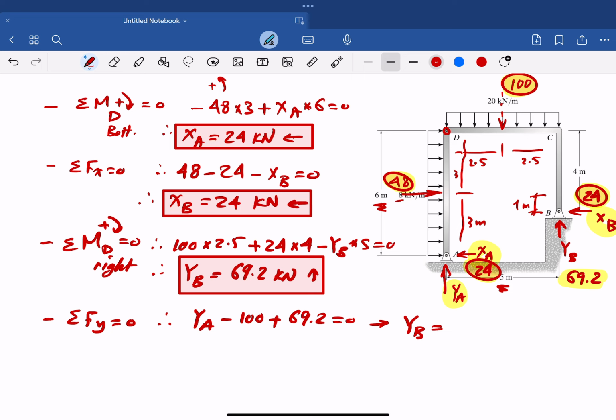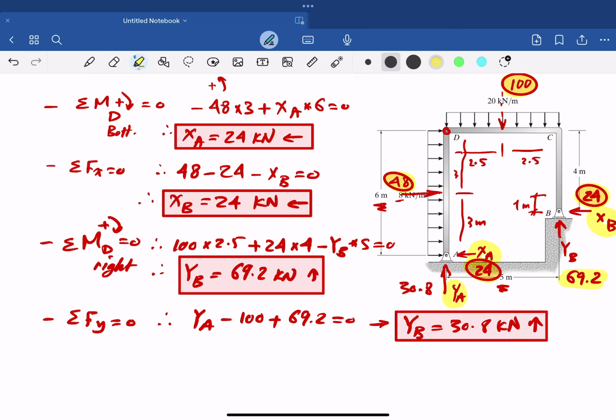It will be 100 minus 69.2, so it will be 30.8 kilonewton, 30.8 kilonewton going up, and this will be our fourth unknown. It is 30.8, and it is going upward. So we got the 4 reactions, but we cannot be sure about this before we make a check.